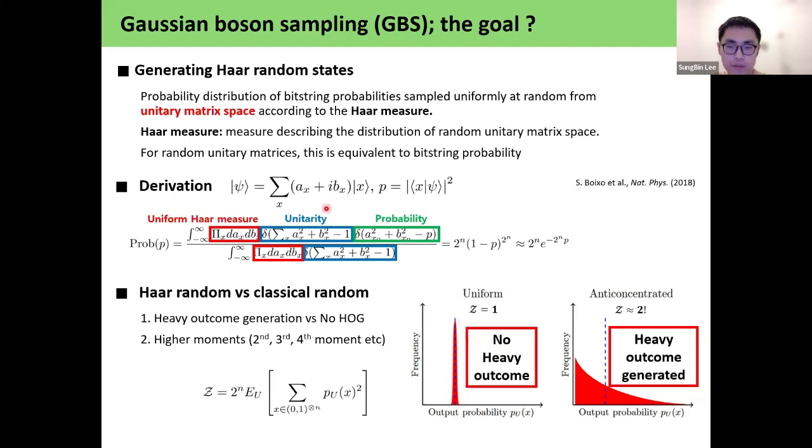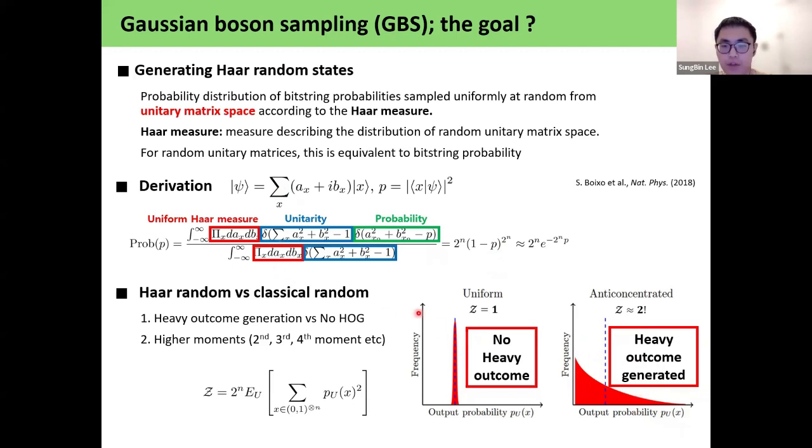If you use this mathematics and derive it, the probability decreases exponentially, meaning that there are certain bit strings that have more probability to be measured compared to the other ones, and those, although exponentially small, still exist. So that's where the heavy outcome comes from, because there are bit strings that are more frequently measured.